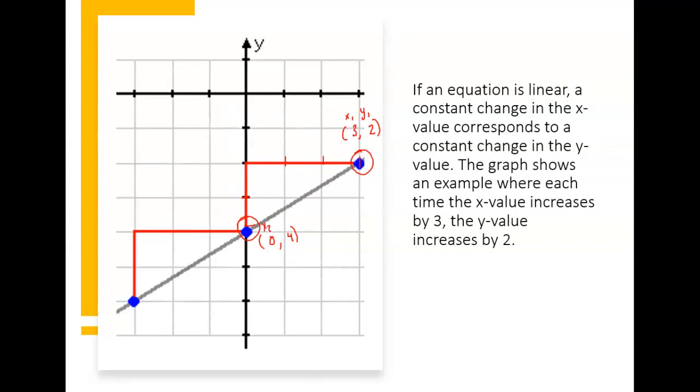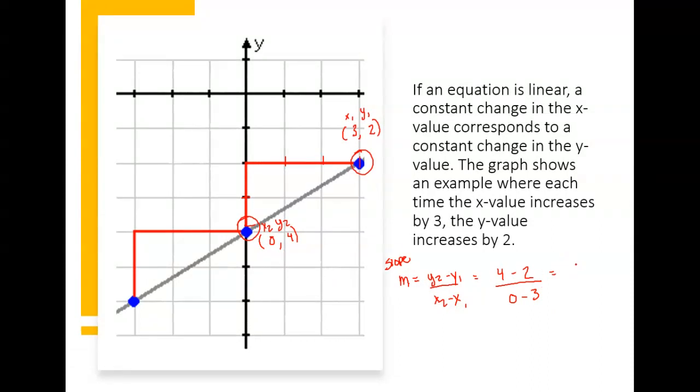So that's x2, y2. We know that slope, which we often refer to using the letter m, is equal to y2 minus y1 over x2 minus x1. My y2 is 4, my y1 from up here is 2, so we have 4 take away 2. My x2 is 0, and my x1 is 3.